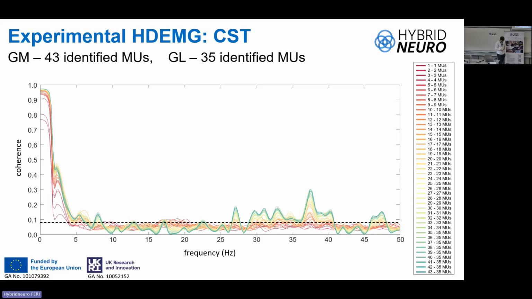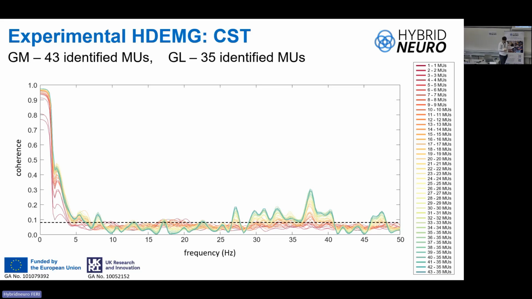Now, if we try to calculate coherence between two sister muscles, gastrocnemius medialis and lateralis, in the first one there were 43 identified motor units, and in the second one, 35.